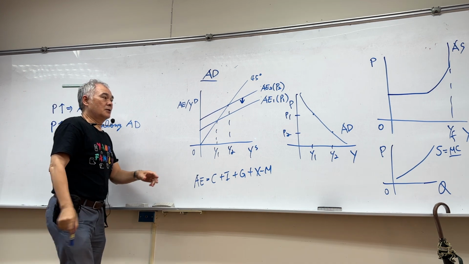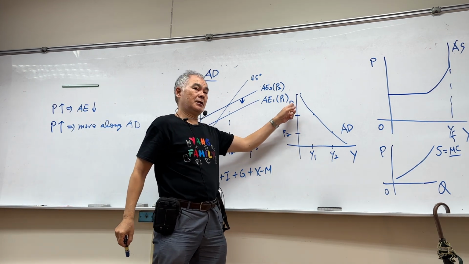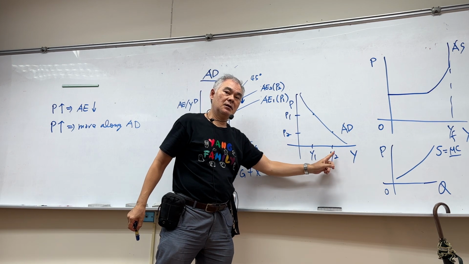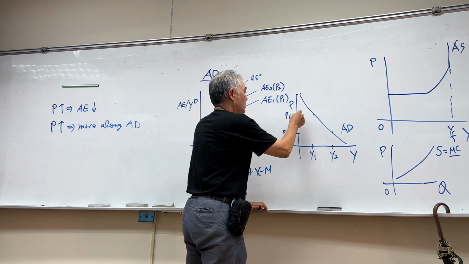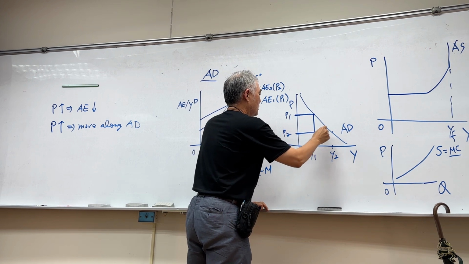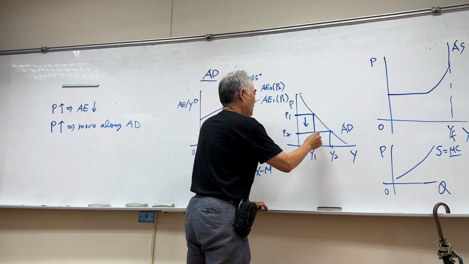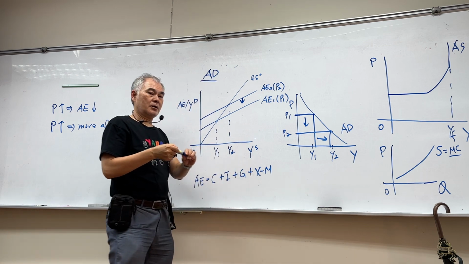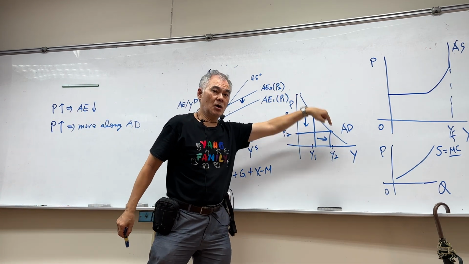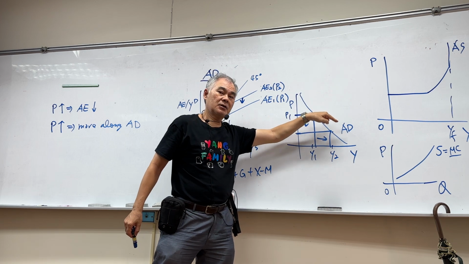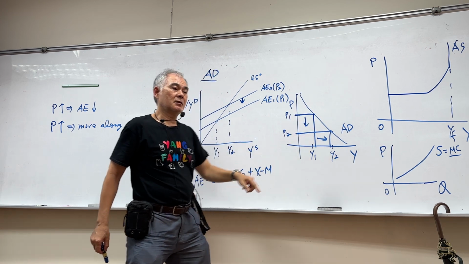Because P is an endogenous variable here, if P goes down, Y goes up. So this is moving along the aggregate demand curve. It does not shift it, okay?